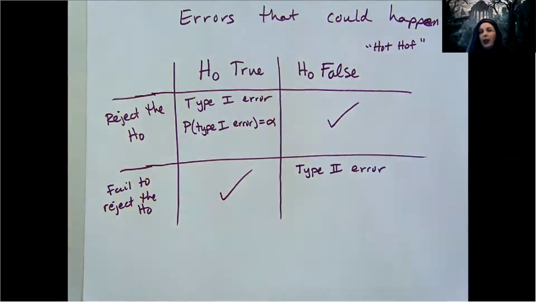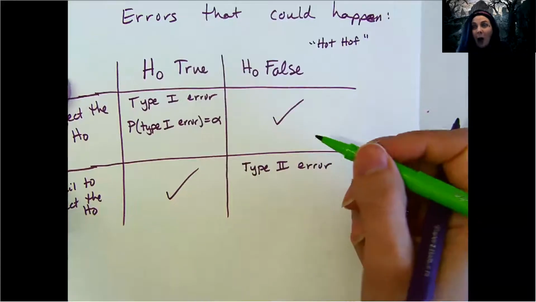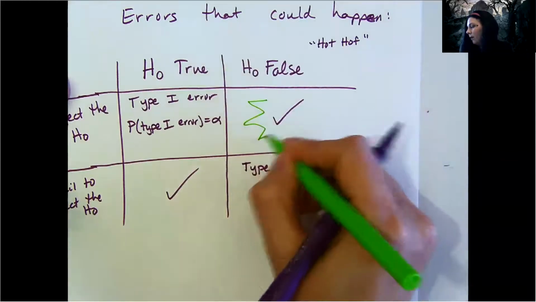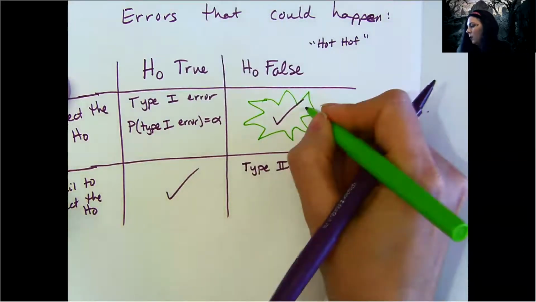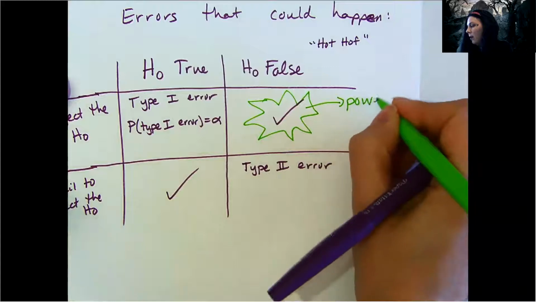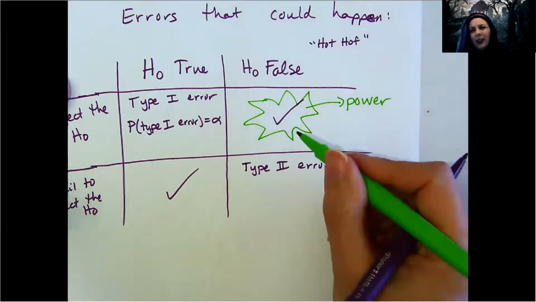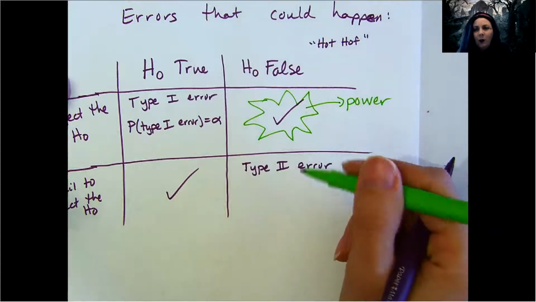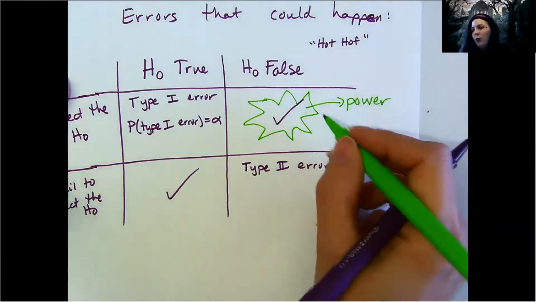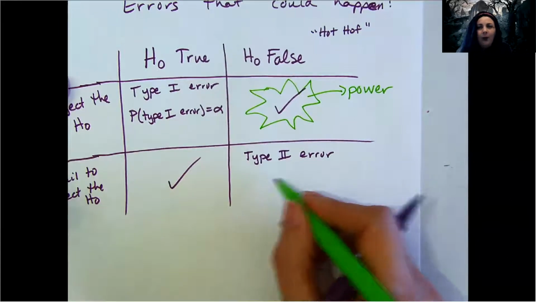Type 2 actually plays off of this thing called power. Right here, this box, this is called power, the power of a test. You don't have to worry about calculating it. It's going to be given to you in these problems. So when would we use it? Right here, a type 2 error.